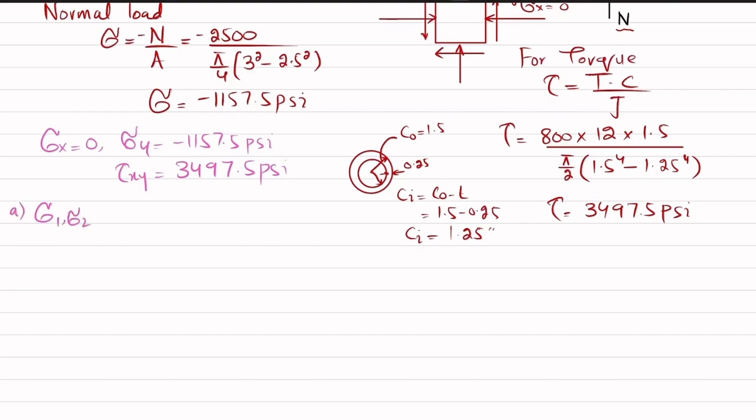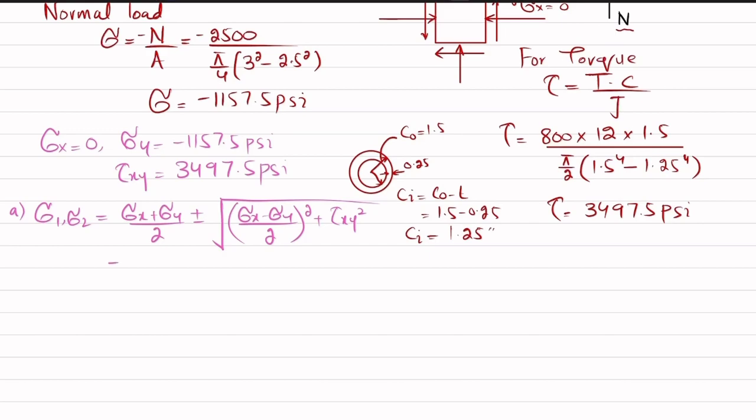So for calculating the principal stresses, we know that principal stresses sigma 1, 2 are equal to sigma x plus sigma y divided by 2, plus minus under the root, sigma x minus sigma y divided by 2 whole square plus tau of xy square.